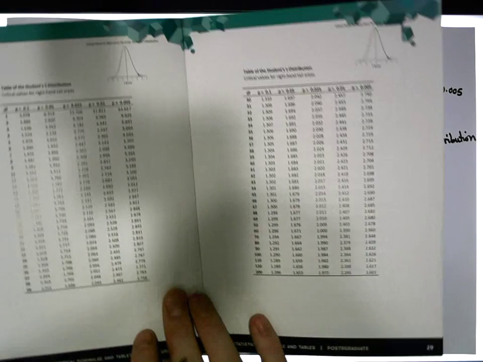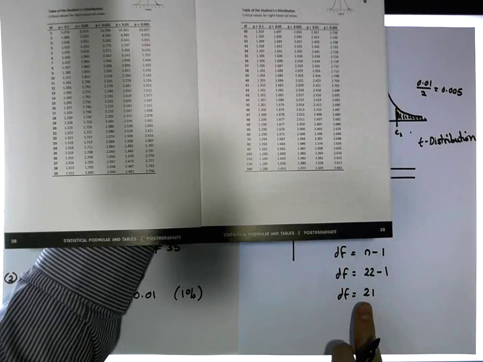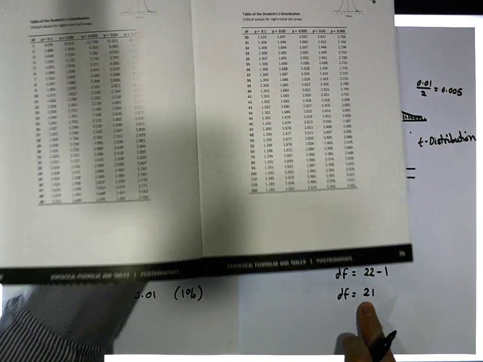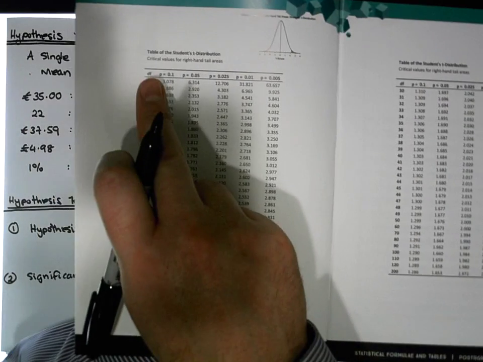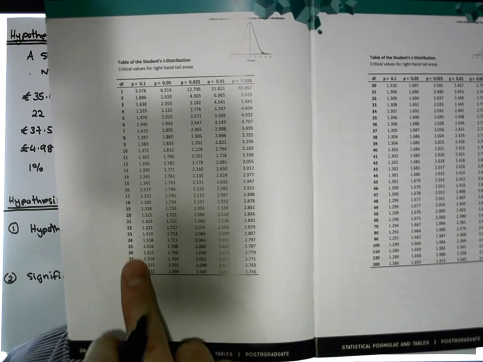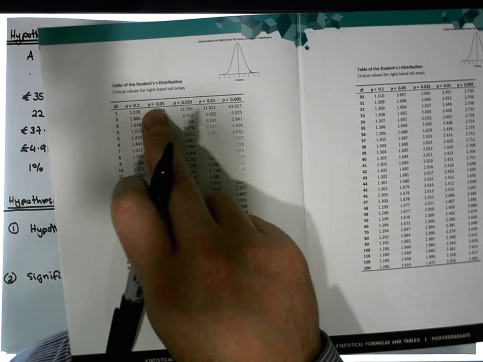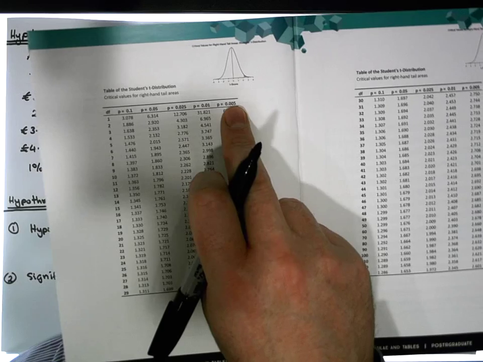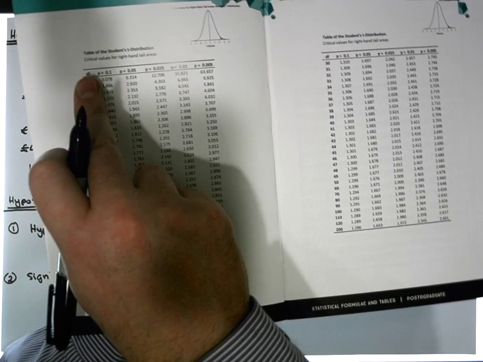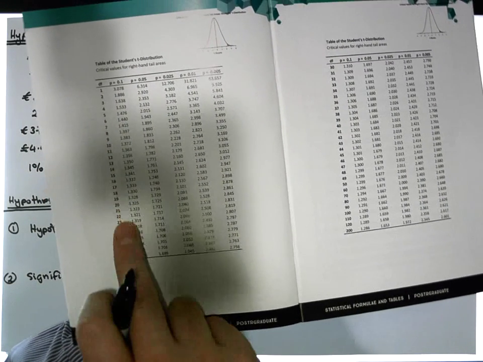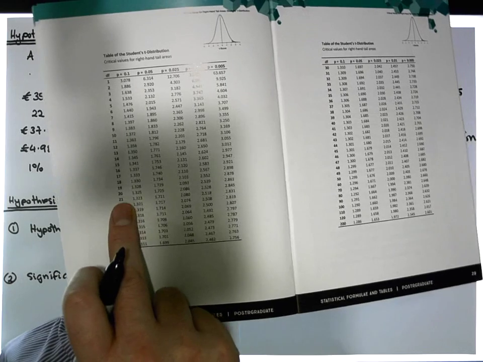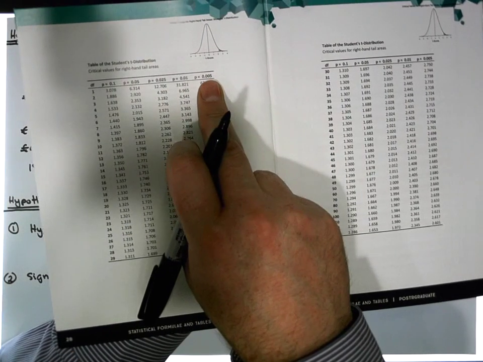The degrees of freedom are listed down the first column, and across the first row we have the amount of area in the right-hand tail. So we want to go down to the row with 21 degrees of freedom, which is here, and the column with 0.005 in the right-hand tail.